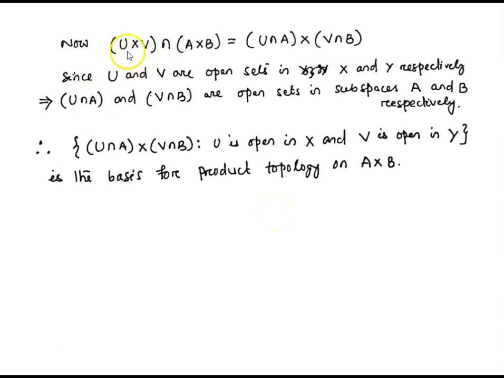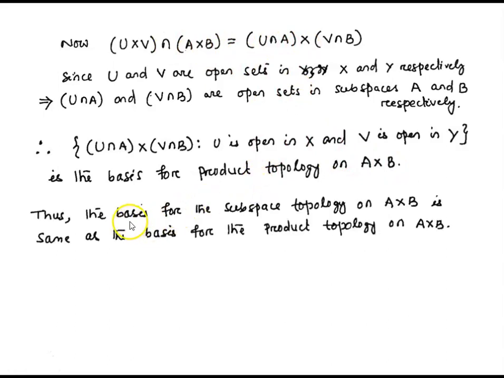So this collection (U cross V) intersection (A cross B) is the basis for the subspace topology on A cross B. And here we have seen that (U intersection A) cross (V intersection B) is the basis for the product topology on A cross B. And these two are the same.